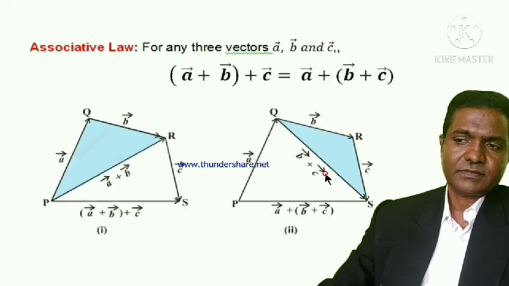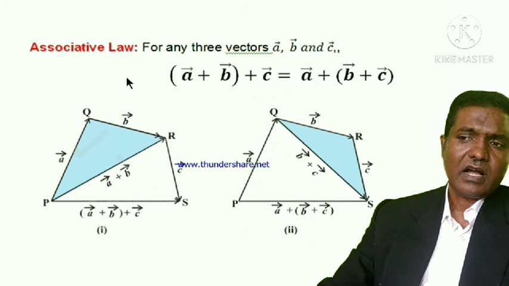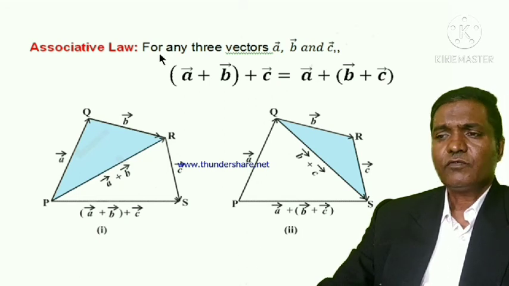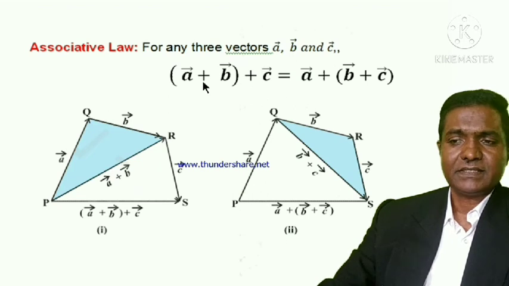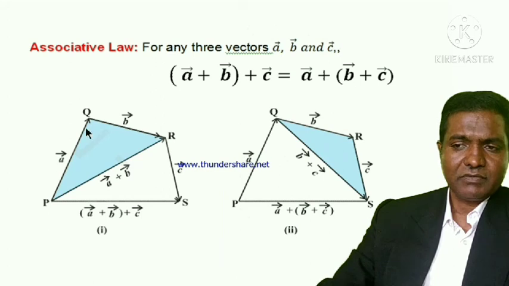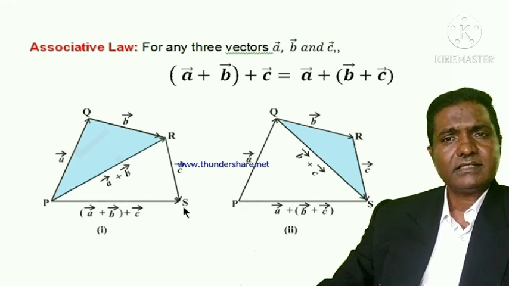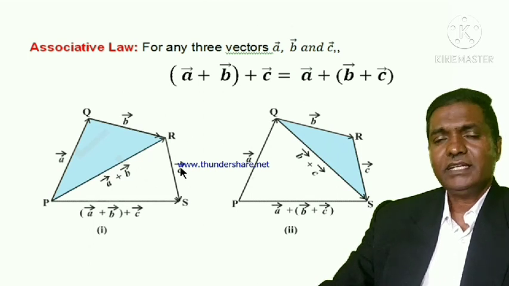Remember this. Next, vector addition also follows the associative law. That is, for any three vectors A, B and C, see here, this is one vector, this is another vector, and this is another vector C. How can they be added by grouping?